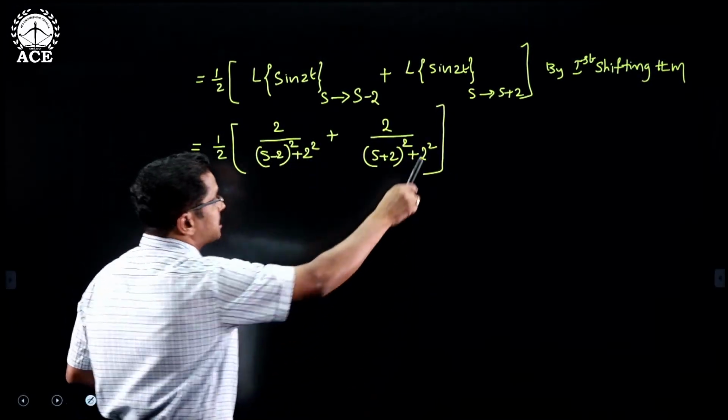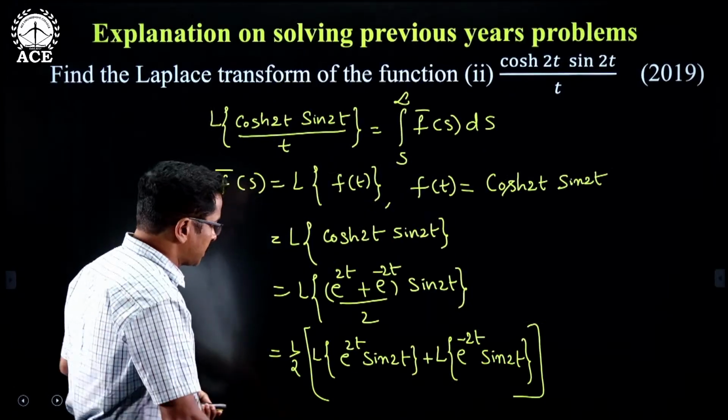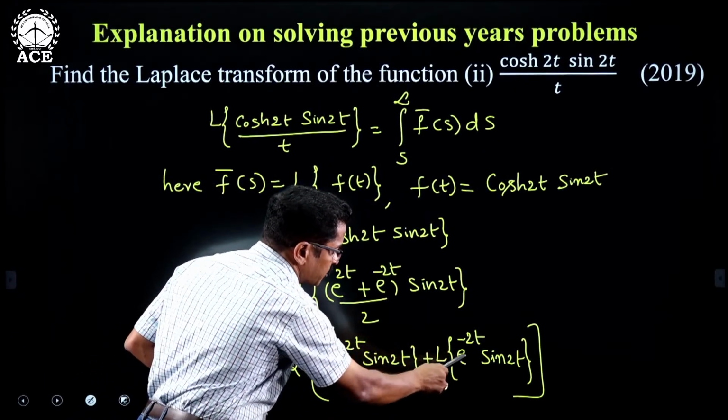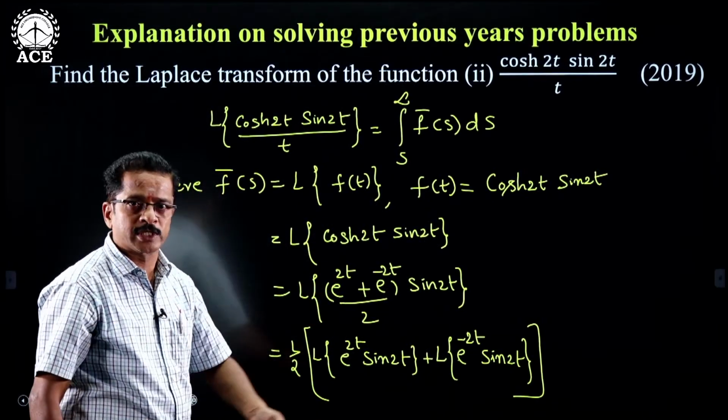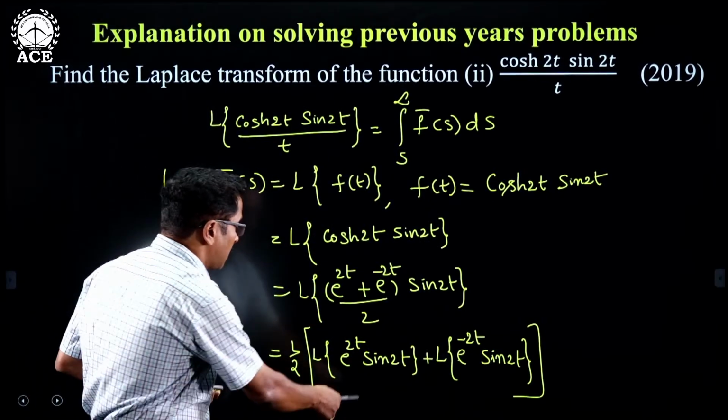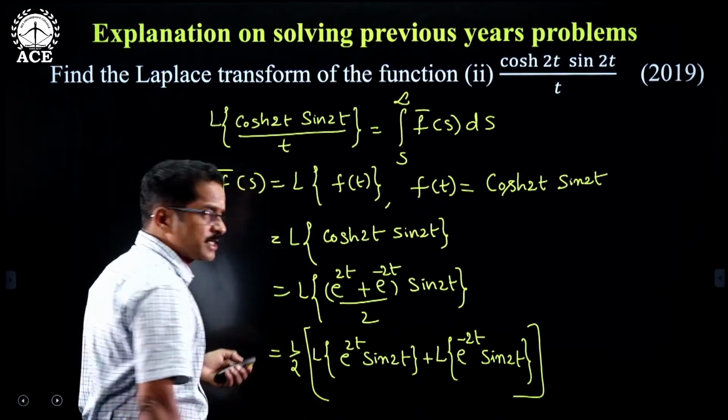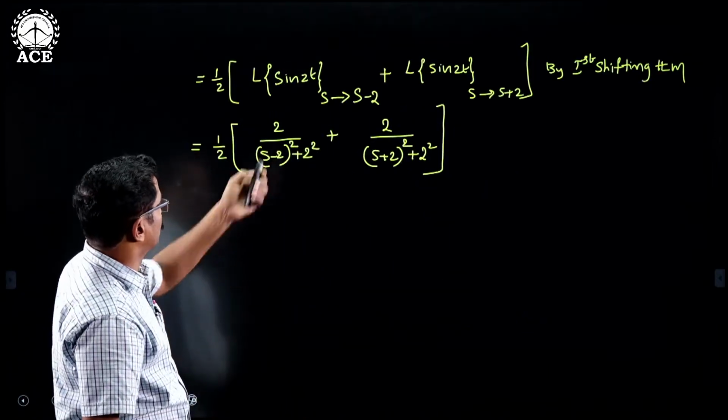Here s is shifted to s plus 2 because sin 2t is with e power minus 2t, and with e power 2t, s is shifted to s minus 2. That is what I wrote.